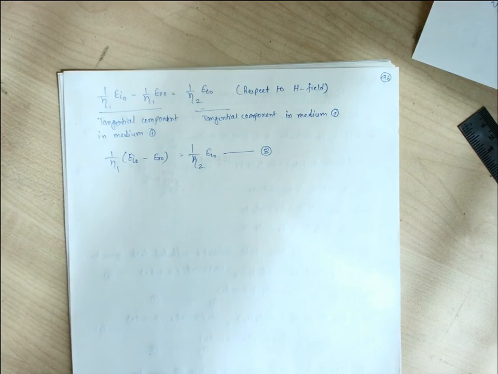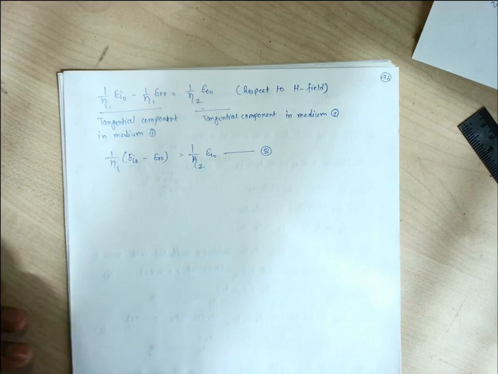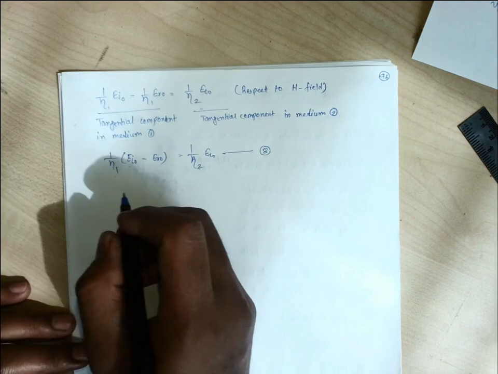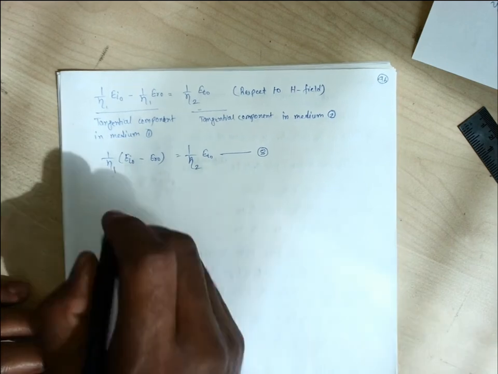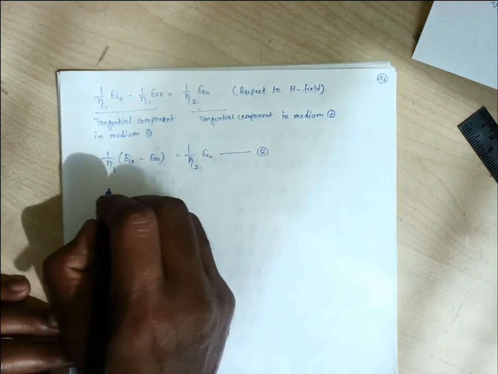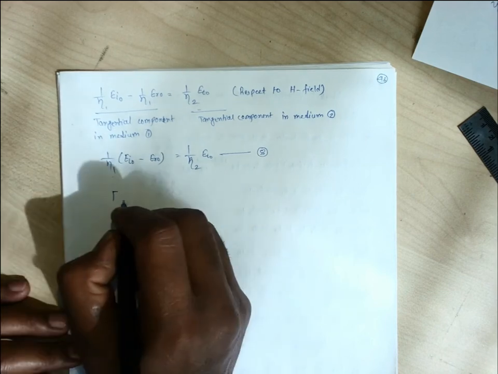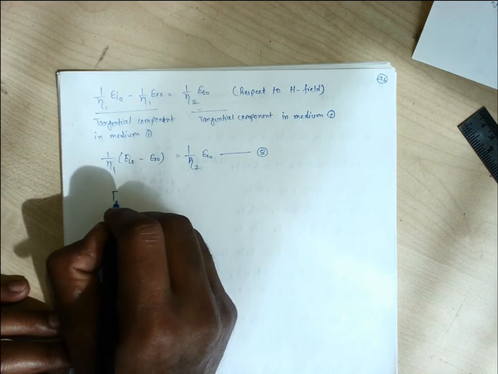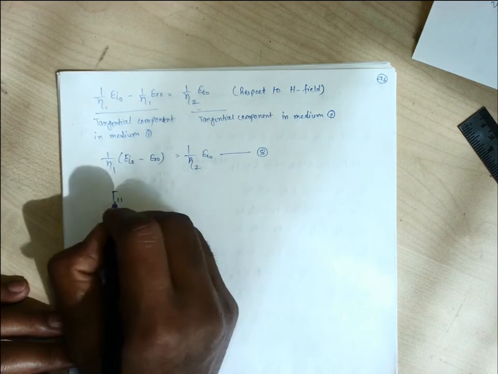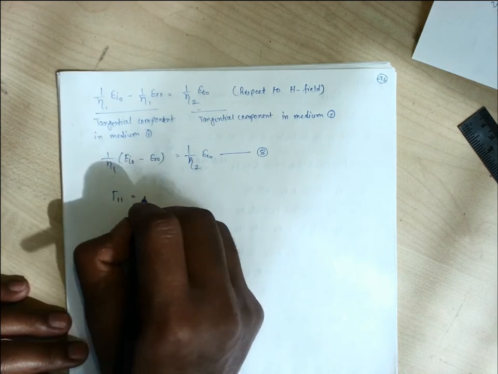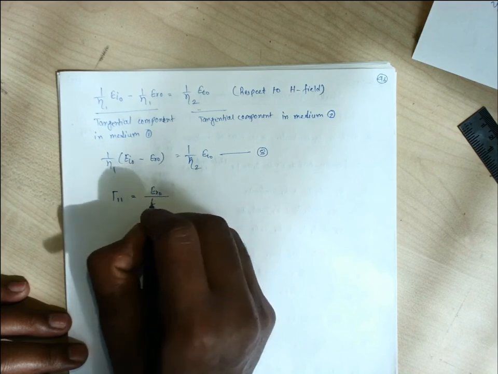So that will give you the reflection coefficient, and if we find out the ratio between the transmitted and the incidence, that will give you the transmission coefficient at the interface. So if you take the ratio between the reflected and incidence, for parallel polarization, that is Er0 by Ei0.